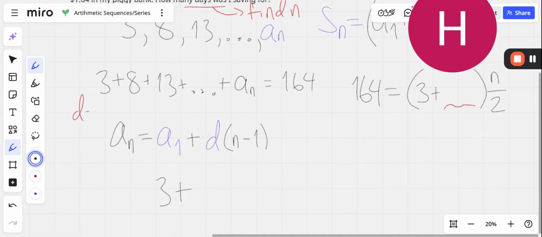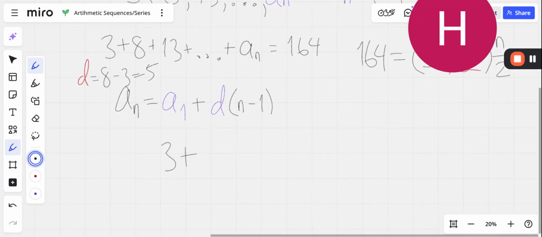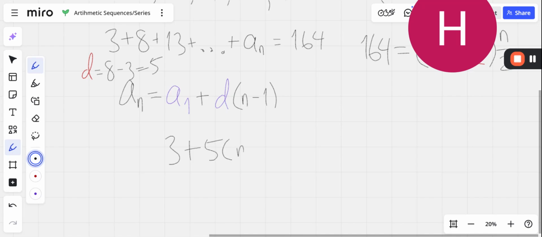Yeah, the value for d is just going to be 8 minus 3. Or you could have done 13 minus 8, and either way that would get you 5. So here we have 3 plus 5 times n minus 1, which we can simplify to say 3 plus 5n minus 5, and we can simplify further to say 5n minus 2. So this is our an.